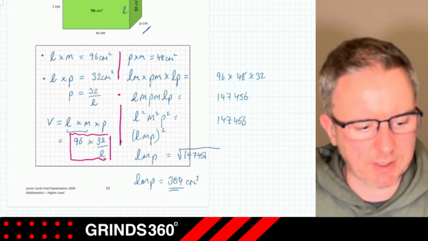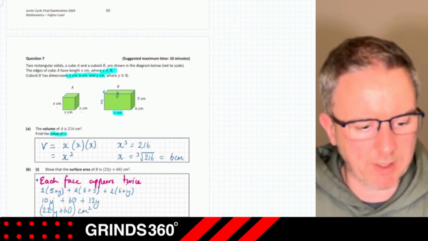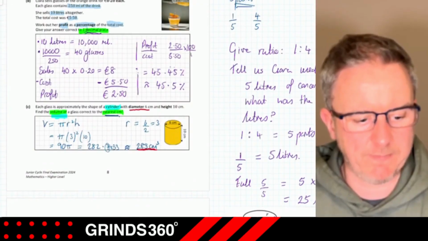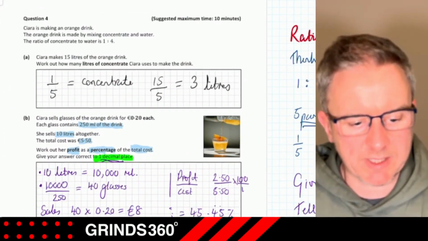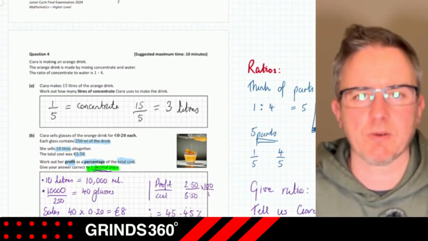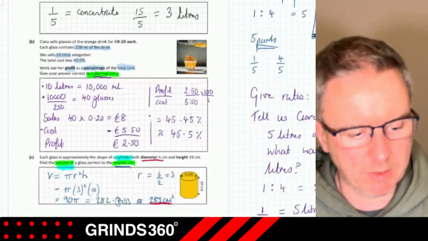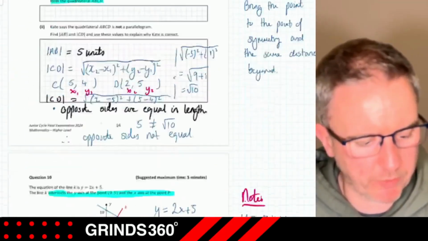It's really key that you don't, because you could see in some of the earlier questions that you were picking up marks for any correct substitution into a formula. So this one here, for example, was picking up the marks all along. So that's what you want to do. You want to make sure you're picking those up as you go through it, that you're not missing out on those vital marks.